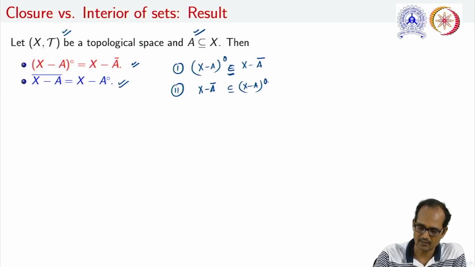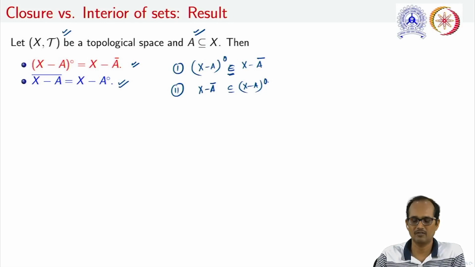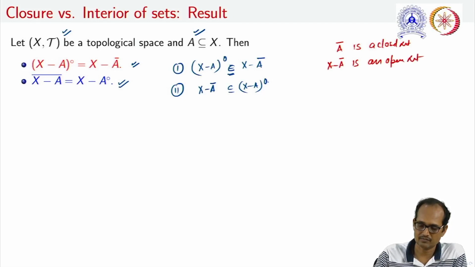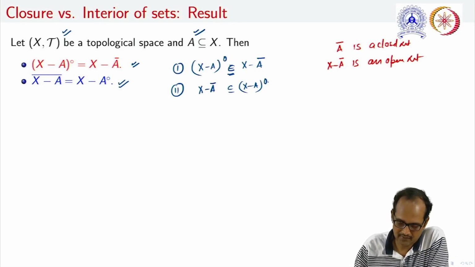The second one can be deduced by using the definition of interior itself, because we know that A bar is a closed set, and if it is closed, its complement is an open set. Also we know that A is a subset of closure of A, and if we take the complement of these two, A complement is a superset of X minus A bar.